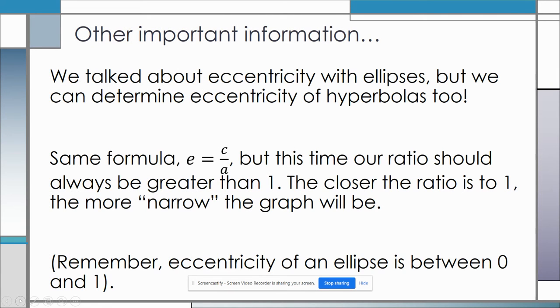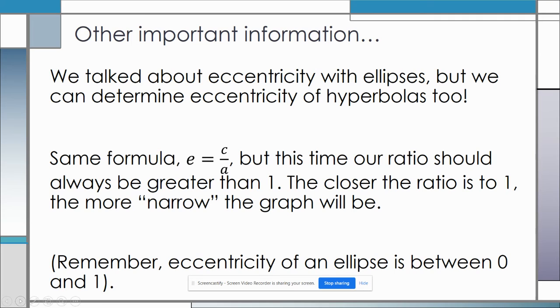Another important piece of information that I hadn't talked about would be eccentricity. Now, we've talked about that with ellipses, but we can also determine the eccentricity of hyperbolas as well. The formula is the same. It's still e equals c divided by a. However, when we were talking about an eccentricity with an ellipse, our ratio was always between 0 and 1.